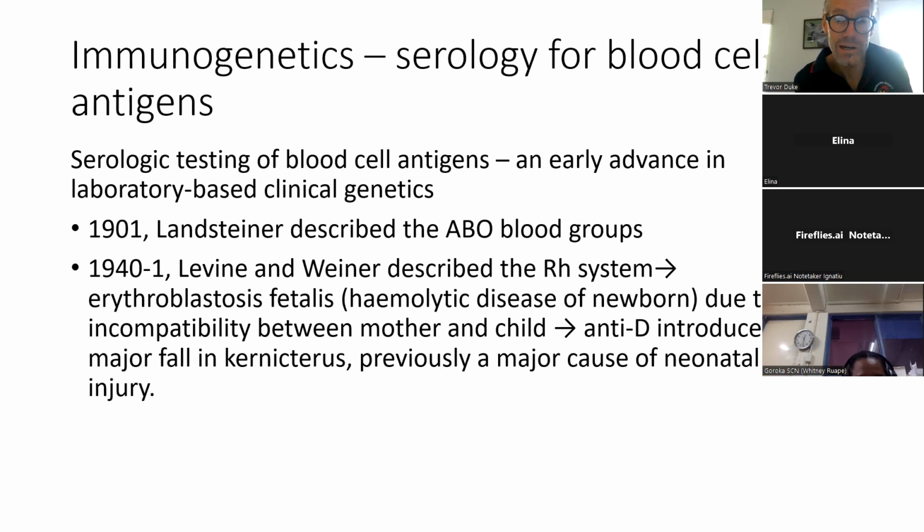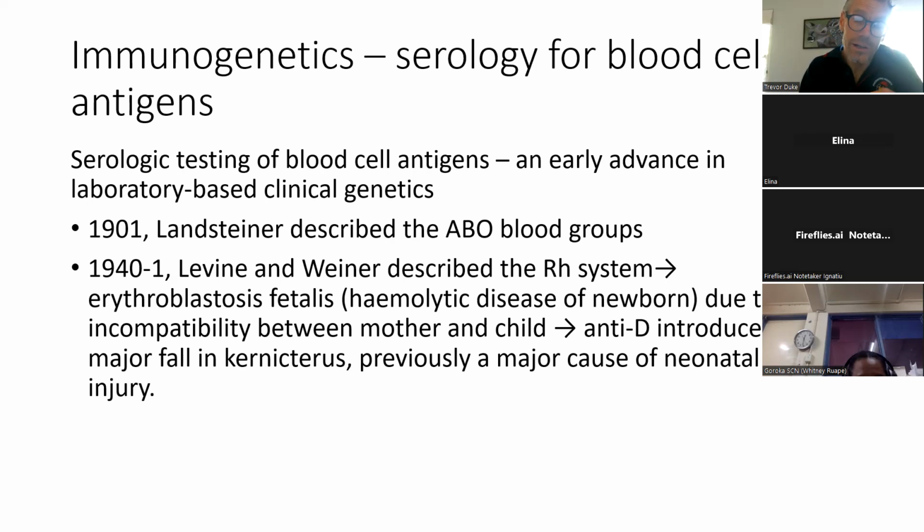And then very soon after that, anti-D was introduced, and that led to a major fall in the 1960s of this condition called kernicterus, which is bilirubin encephalopathy, where very high levels of unconjugated bilirubin lead to brain injury.